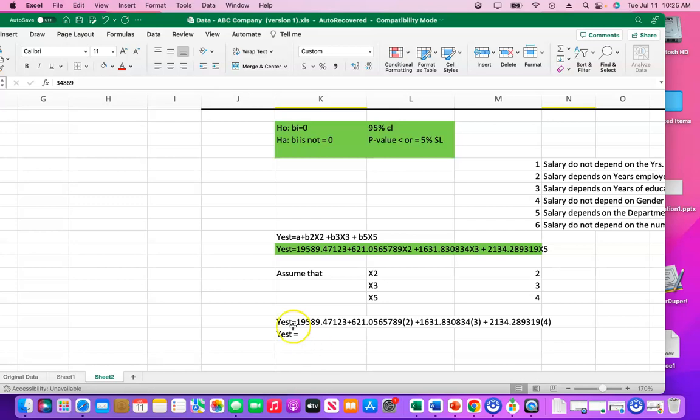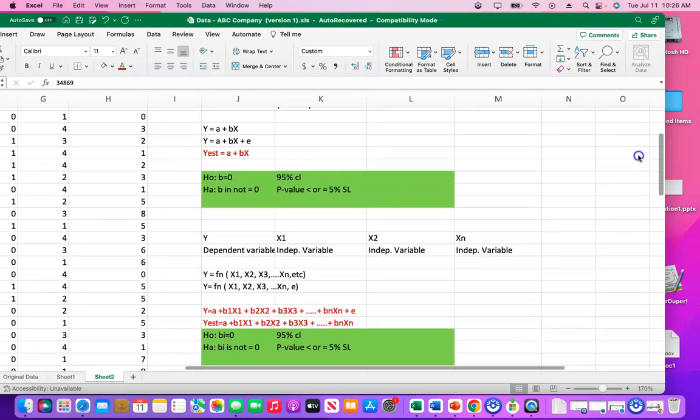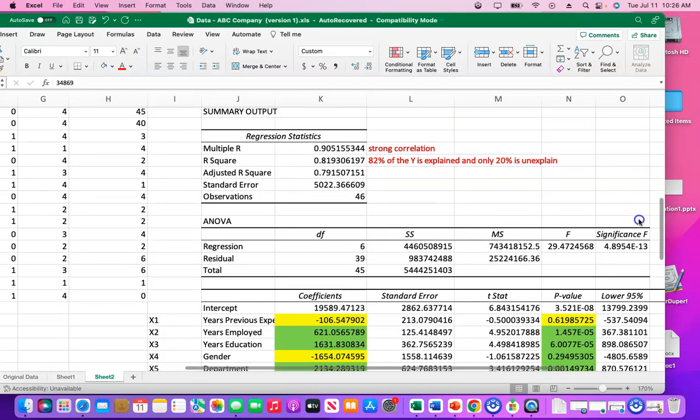But at least we have a good estimation of the data, given that we have a strong correlation, and also our model could explain about 82% of Y, but we have that 20% which is not explained, and that's why we may overestimate or we may underestimate.